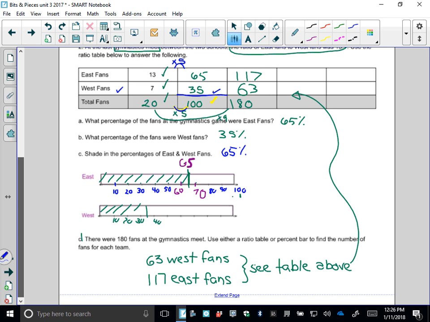Nope, yeah, East fans, sorry. 65% of the fans were East fans. We went over to 65, which is between 60 and 70, and we just shaded in 65%. And then for the West fans, we did the same process: halfway between 30 and 40 is 35%.